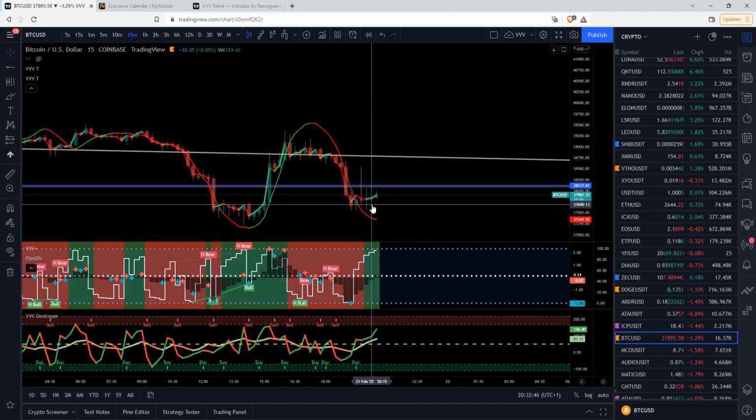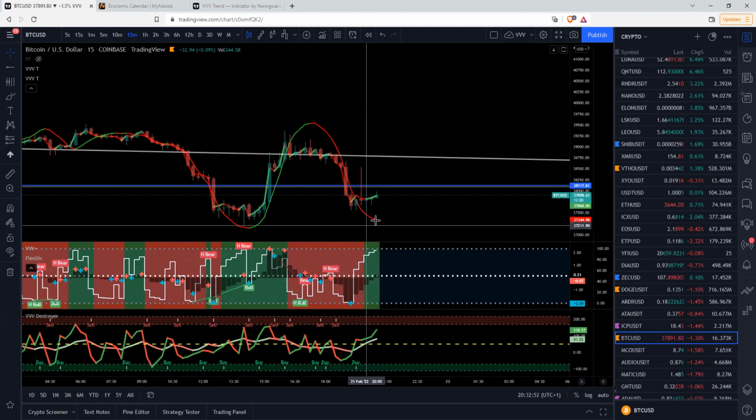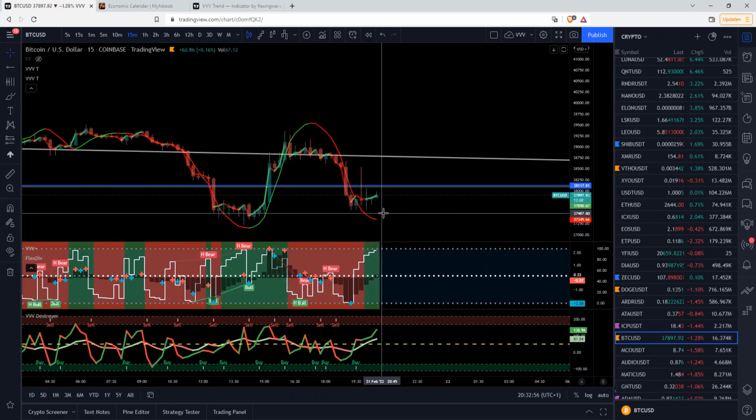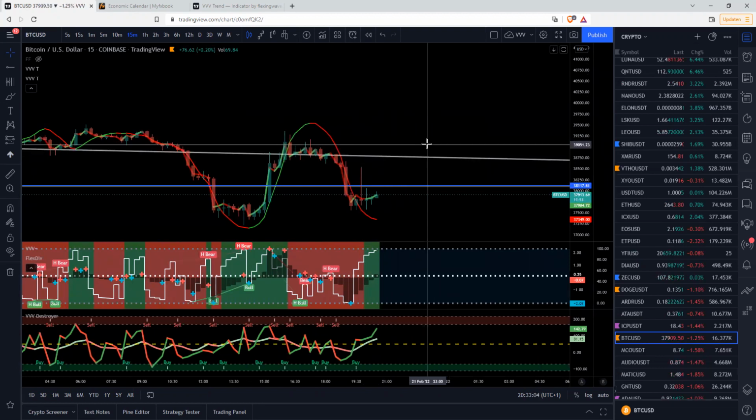We got 4 colors, right? So when it turns this one also green, then we're gonna get the 5 color confirmation to go with this trend to this zone or the zone above, and then go with it.